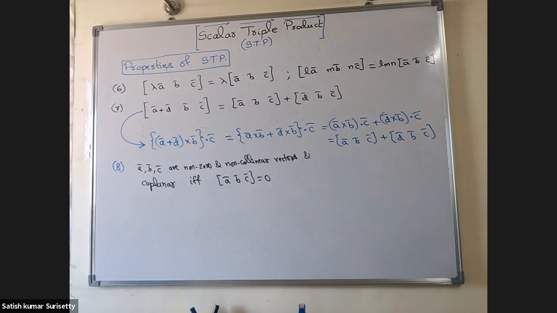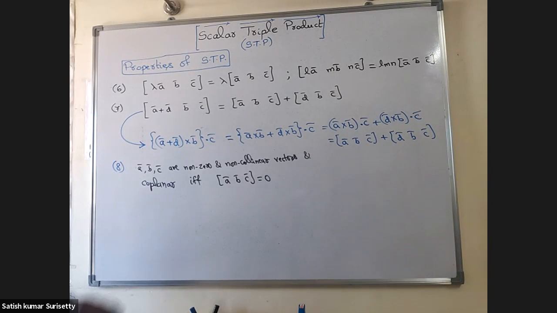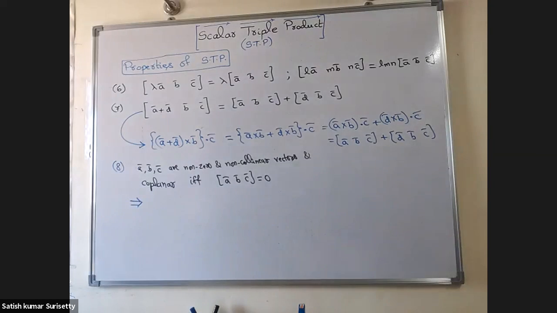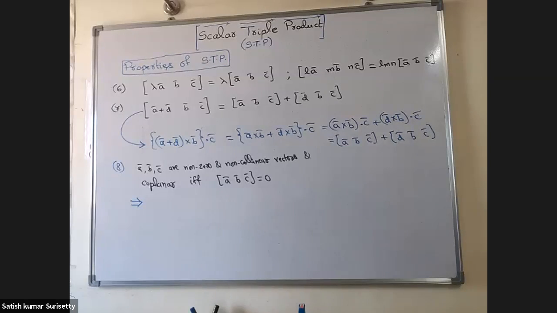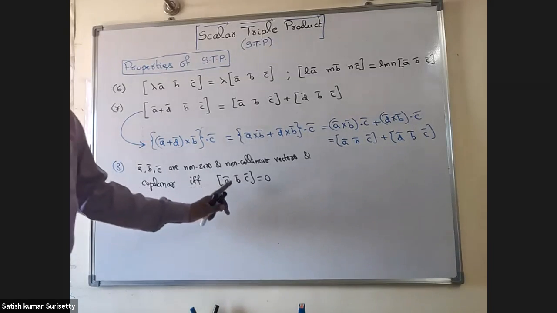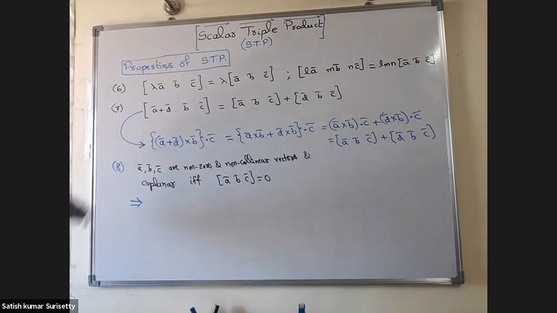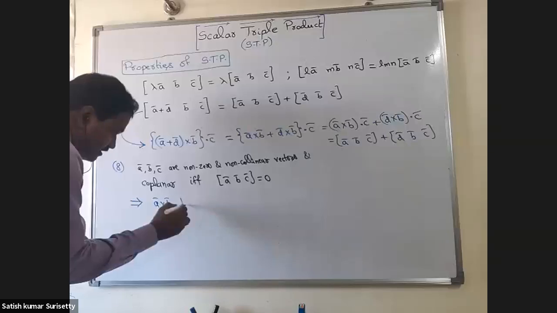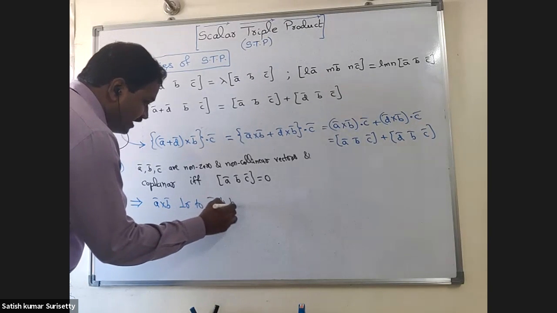Now, let us prove this forward as well as backward. In the forward direction, you have to assume that A bar, B bar, C bar are non-zero and non-collinear vectors and coplanar. Then we have to prove that the scalar triple product of A bar, B bar, C bar equal to 0. Once A bar, B bar, C bar are coplanar, then A bar cross B bar is perpendicular to A bar as well as B bar.